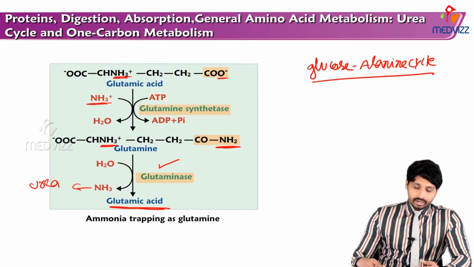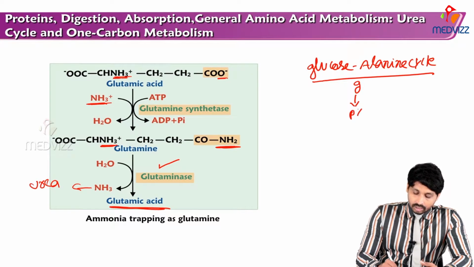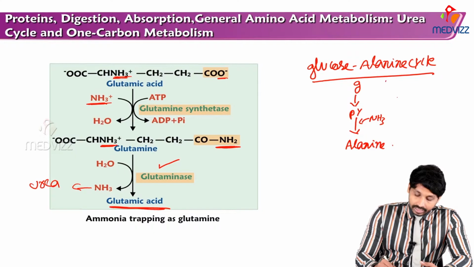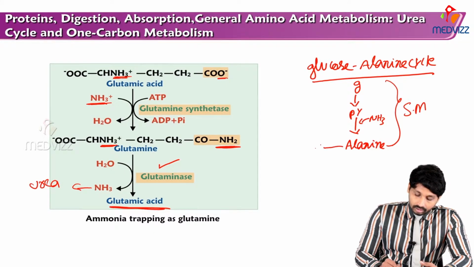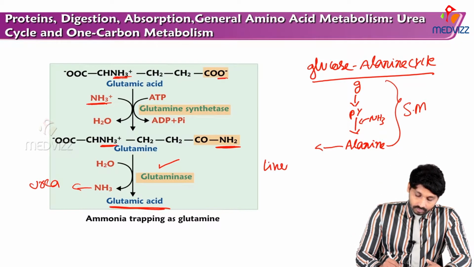So what's happening here in skeletal muscle, first glucose is converted into pyruvate. If there is excess of ammonia, this ammonia is added to pyruvate to form alanine, okay. This is happening in skeletal muscles, okay. And this alanine is transported in circulation and reaches the liver, okay.